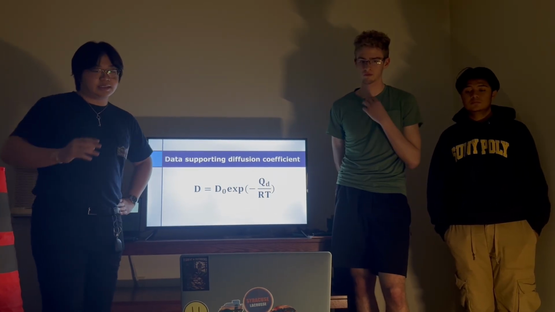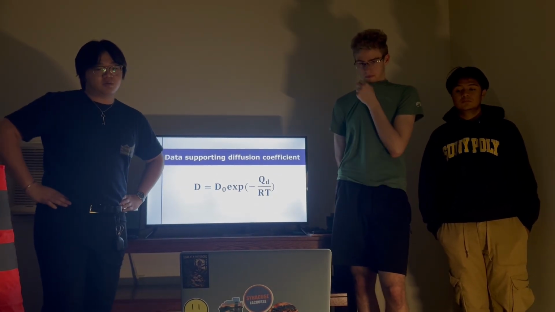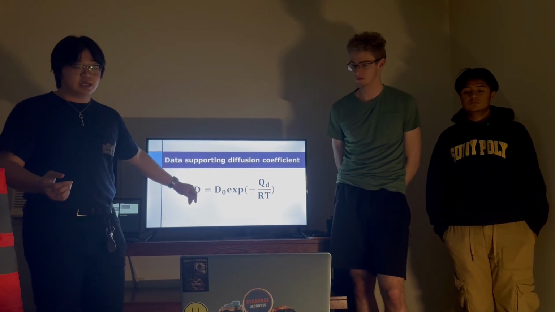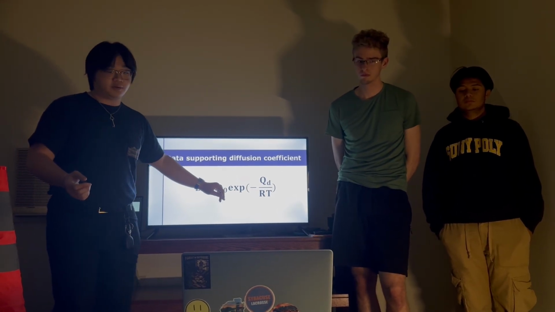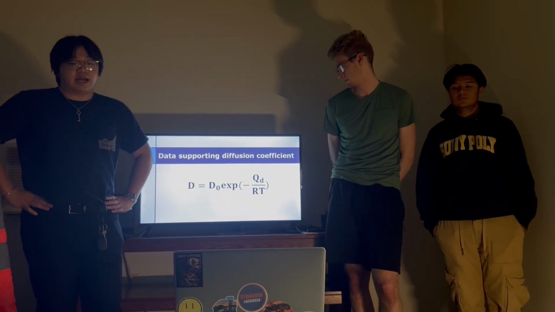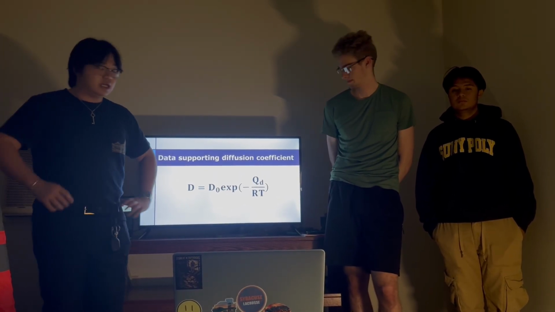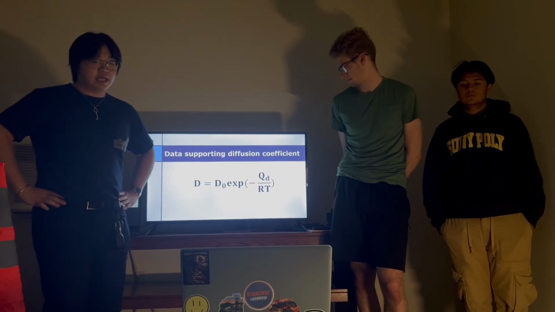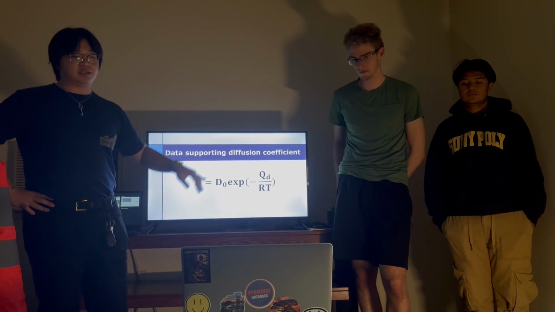Here, D naught is the pre-exponential factor representing the maximum possible diffusion. Q_D represents the activation energy for the diffusion, which is the energy required for an atom to move from one site to another. R is the gas constant, which is just a constant, and T is the absolute temperature.